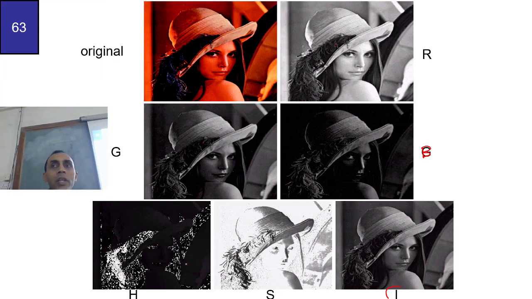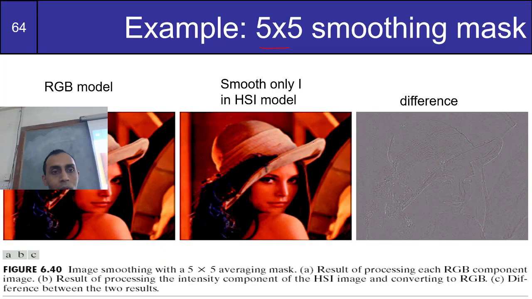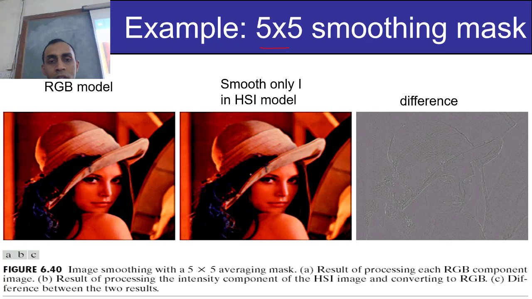You won't do the smoothing on the hue and saturation. Whereas if you are doing it in RGB space, we will have to do smoothing on all three components. And the result of doing those is shown here.